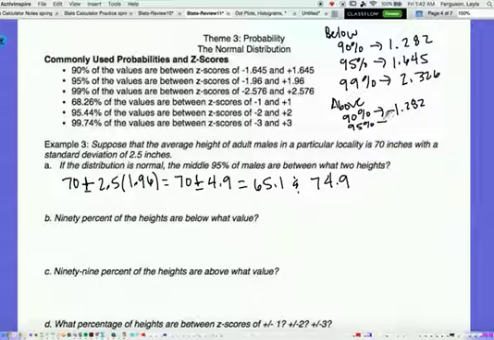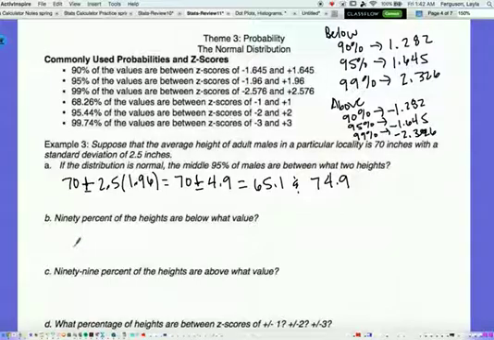Above a z-score of negative 1.645 for 95%. And for 99%, they're going to be above a z-score of negative 2.326.